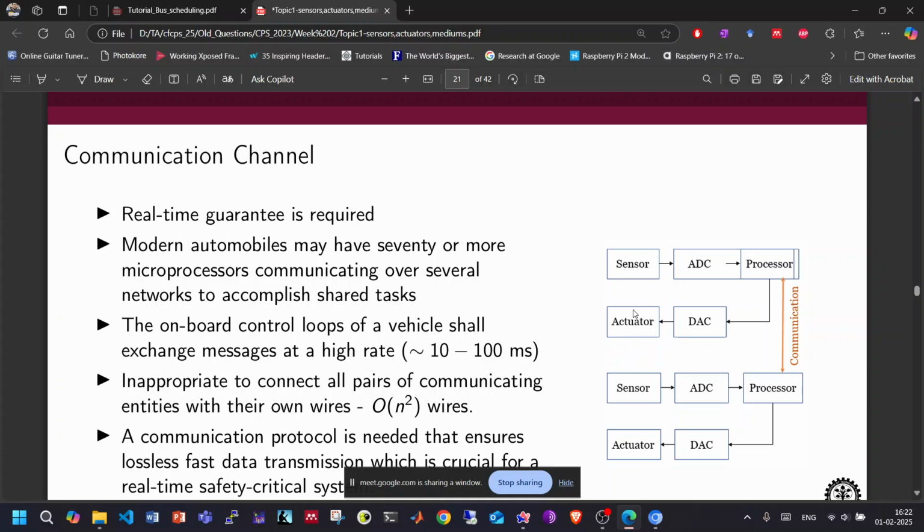So for that we need to use certain communication protocols that do not impose much delay and that give me precise values. The main two criteria while choosing such communication protocols are that they should be very fast and very frequent.